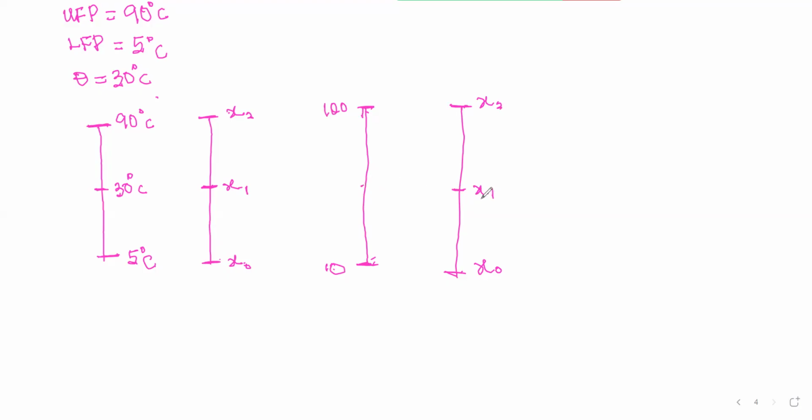X1 will be that length of mercury which will correspond to this temperature of 30. But in this case, the lower fixed point and upper fixed point are different from the Celsius scale. So what will be that corresponding length of mercury, which will commensurate a temperature of 30?